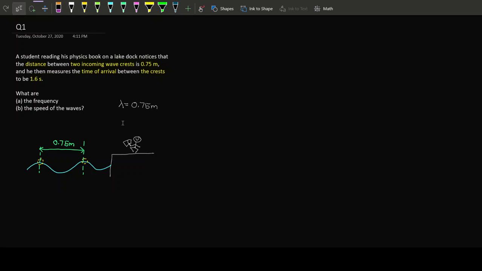So we can label that the difference in time of arrival between these two crests is 1.6 seconds. Knowing that, we can reasonably deduce that this is just the period. I believe we understand the situation quite clearly.